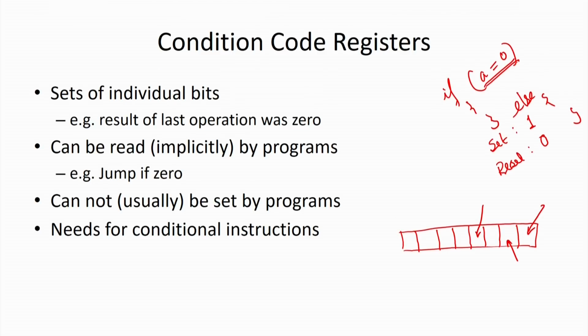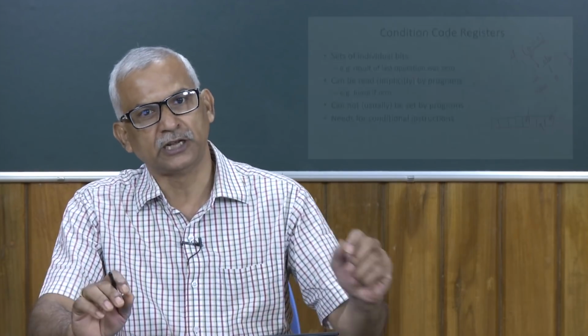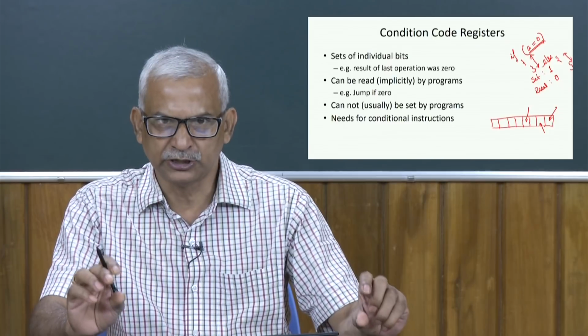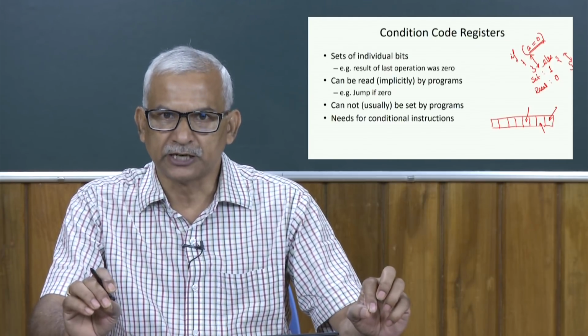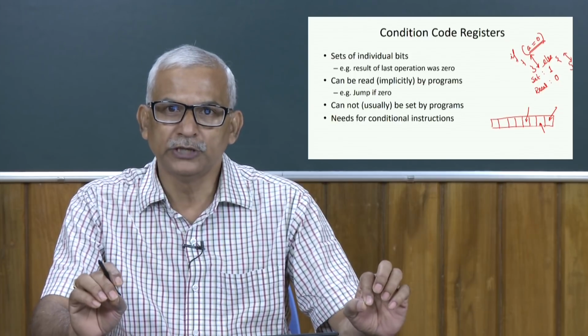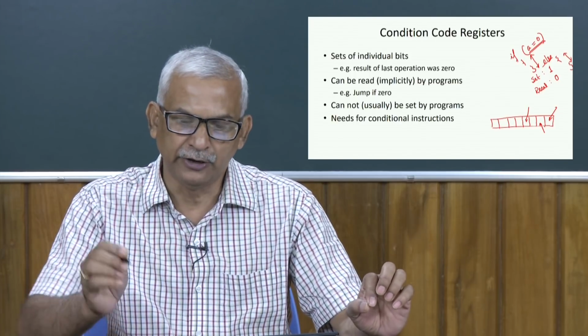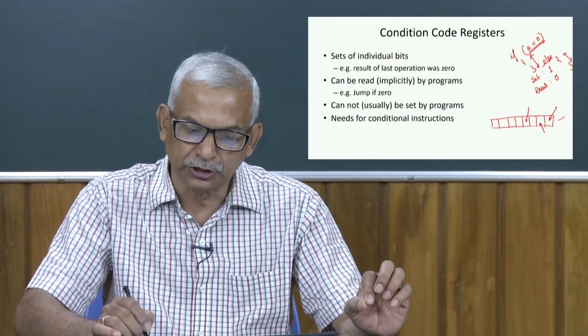Depending on this comparison, if it is 0, then we perform this code segment, and if it is false, then we perform the other code segment. To design such conditional instructions in programming languages, we must have some instruction inside the processor. In the instruction set of the processor, we have to provide some conditional instruction. While designing those conditional instructions, we use those particular condition code bits.